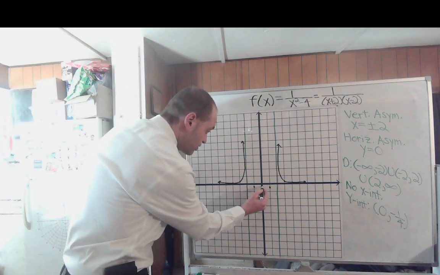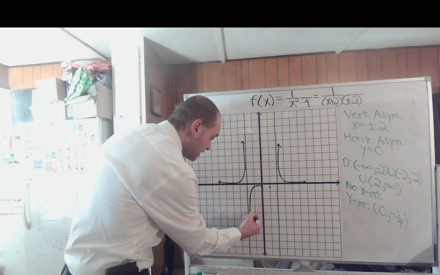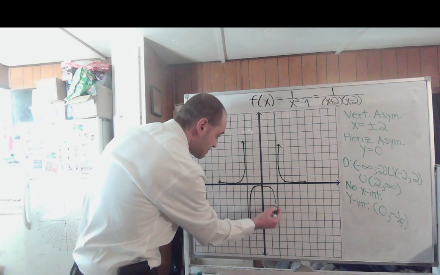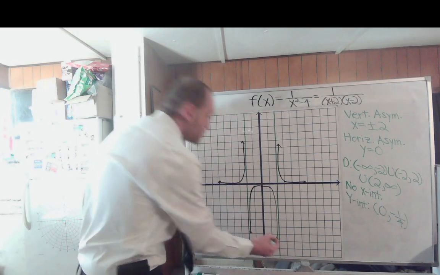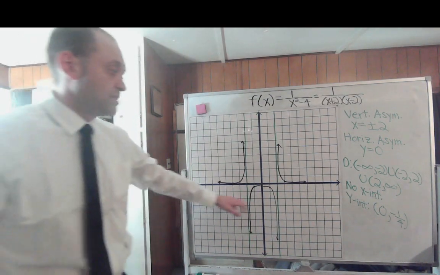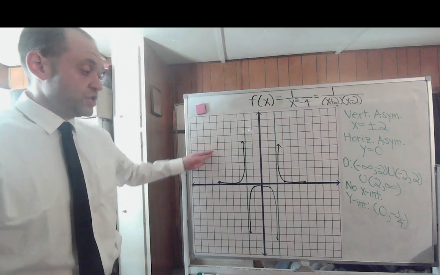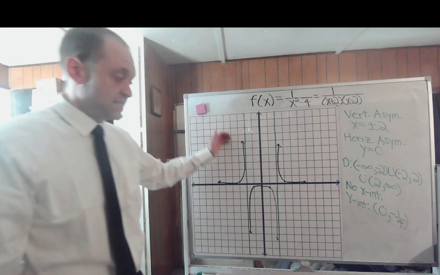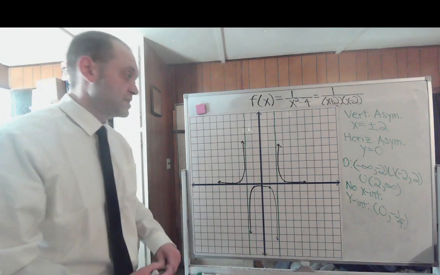And then actually your graph's going to go a lot like this. Your graph's going to look a lot like that in the middle. So you can get some very interesting graphs based on asymptotes you have and intercepts.